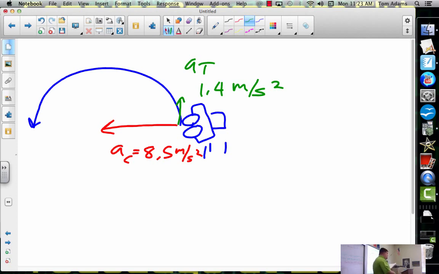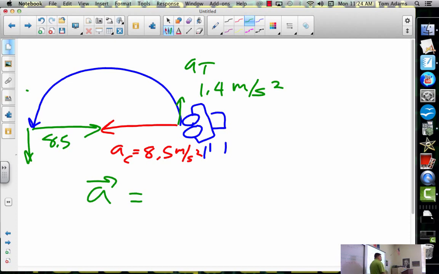Okay, it's a little confusing when you do all the math, but so what is that? Well, the resultant vector, I can label it like this. I could say that my acceleration vector is equal to, and since it's negative, we have to arbitrarily choose which way it's going, right? So at this point, it would be 8.5, and this one would be down this way. Now, I don't care which way you choose to be positive or negative, but clearly one of them will be negative and one will be positive.